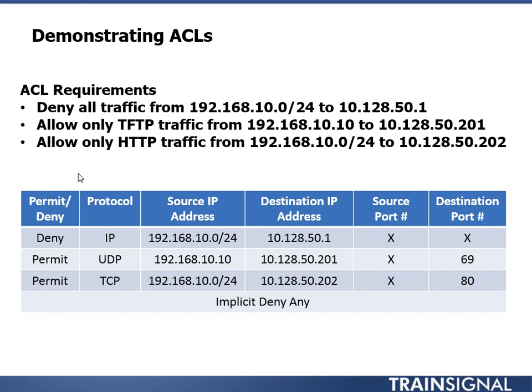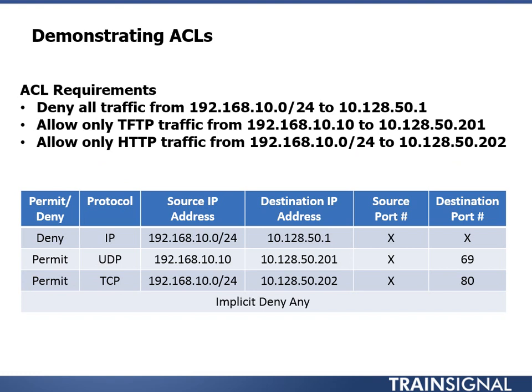Last, we have this requirement that we need to allow only HTTP traffic from 192.168.10.0/24 to our web server at 10.128.50.202. This time we're going to permit it again. However, we'll use TCP as the protocol here because HTTP at the application layer always makes use of TCP at the transport layer.